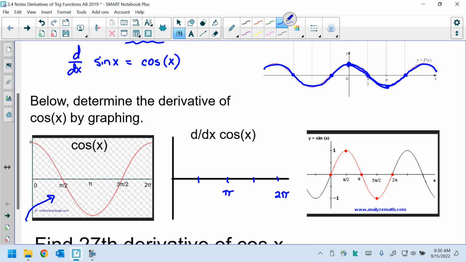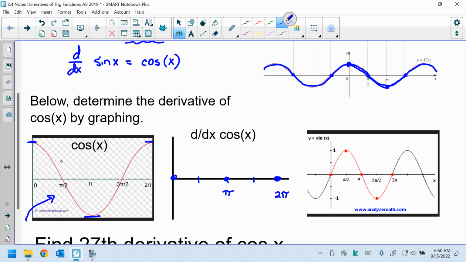It looks as if we start out with a slope of 0, so let's give the derivative a value of 0. And it looks like there's a slope of 0 right here, so we'll have a derivative of 0. And again, at the end, it appears as if the slope may be 0, so the derivative has a value of 0.